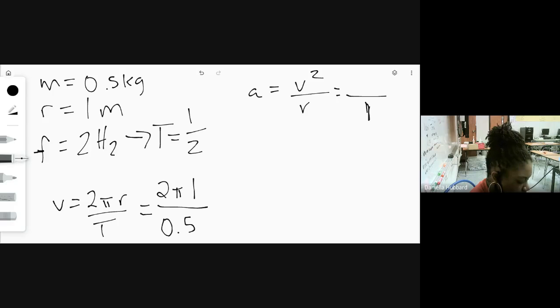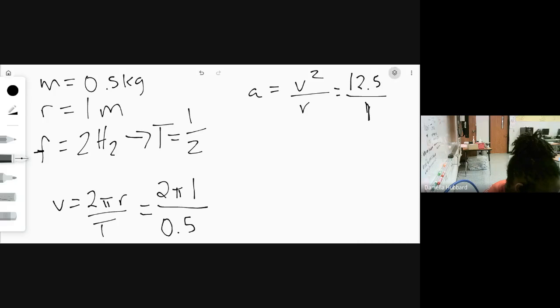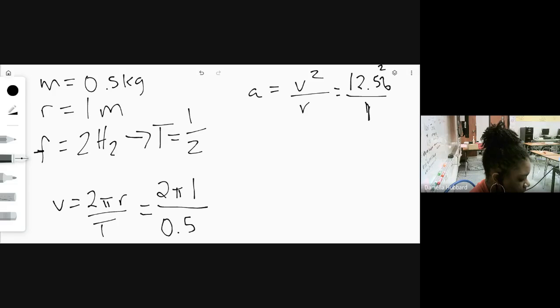So 2 times pi times 1 divided by 0.5 gives us 12.56. So that is my V, but let's not forget we still have to square it.